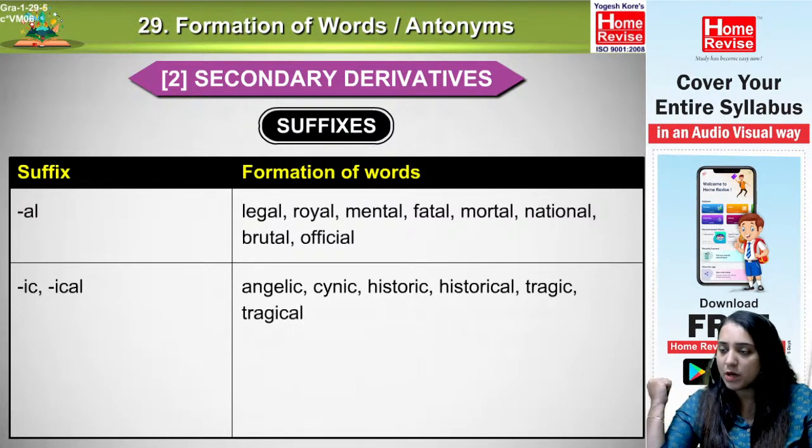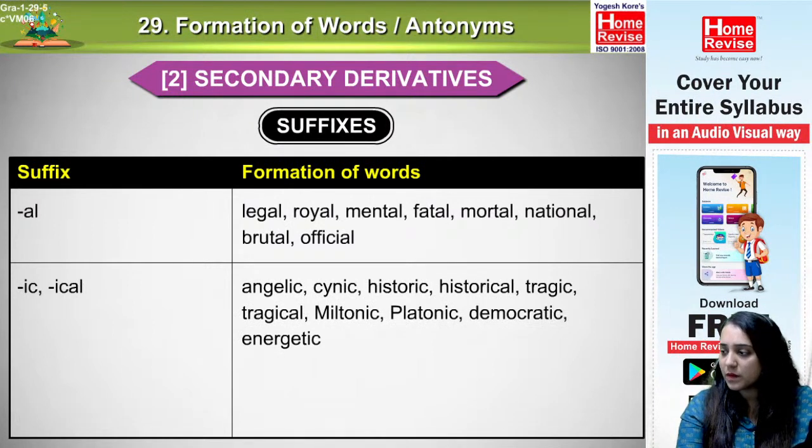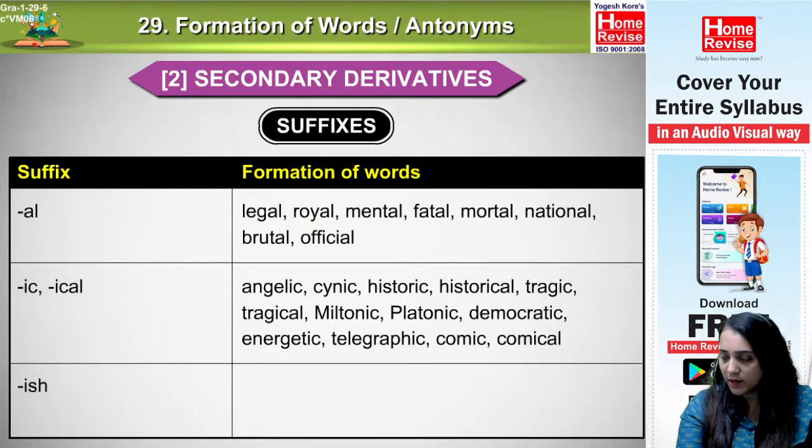Now I want some suffixes from your side. Miltonic, platonic, illegal. Democratic, energetic, telegraphic, comic, comical.